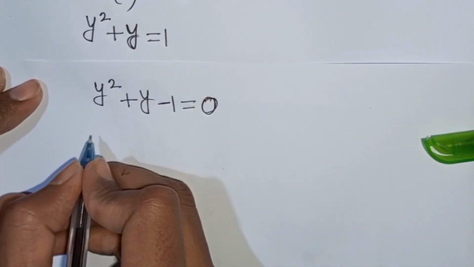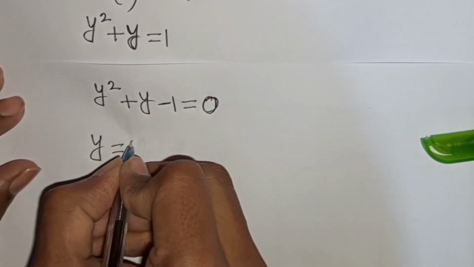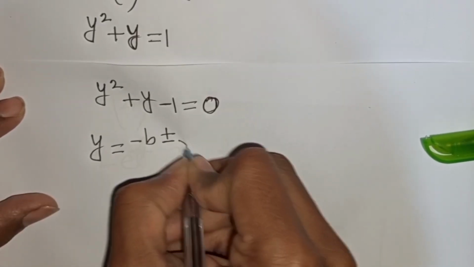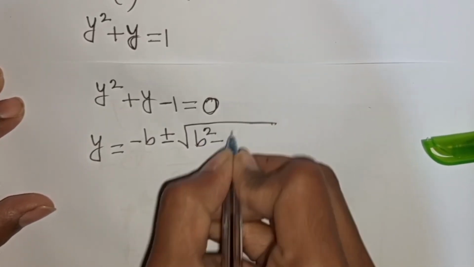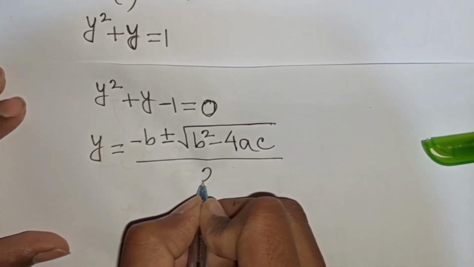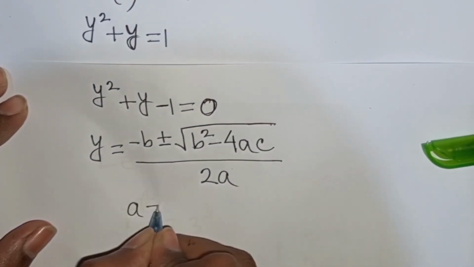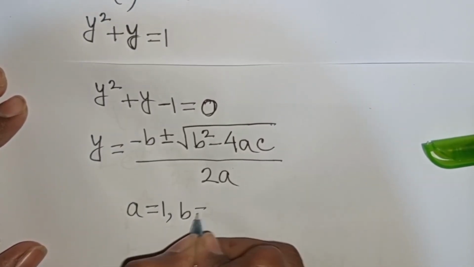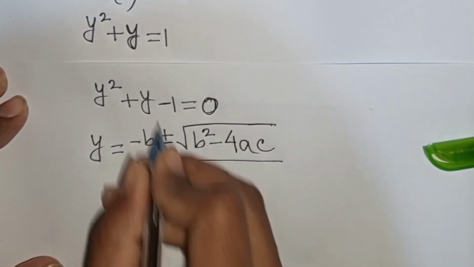Now here you can apply quadratic formula. So you can write here y is equal to minus b plus or minus square root of b square minus 4ac divided by 2a. Here a will be equal to 1, then b will be equal to 1, after that c will be equal to minus 1.